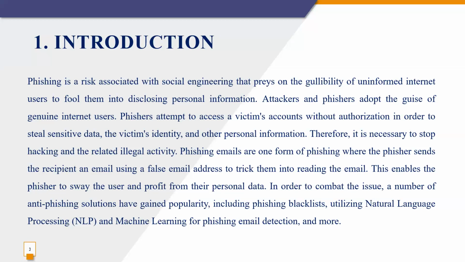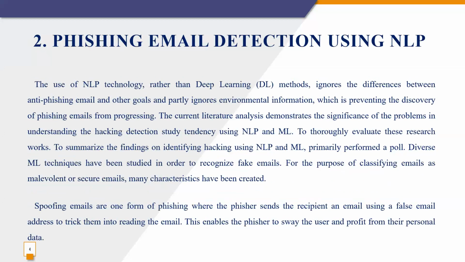In order to combat the issue, a number of anti-phishing solutions have gained popularity, including phishing blacklists, utilizing natural language processing, NLP, and machine learning for phishing email detection, and more.